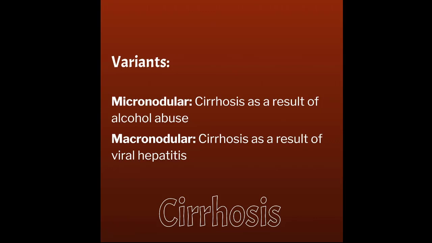One way to remember micronodular goes with alcohol abuse: in a class that I had earlier, we figured out that microbreweries are a thing and they produce alcohol. So that was a great way to remember micro goes along with alcohol. Macro on the other side then produces very large nodules.